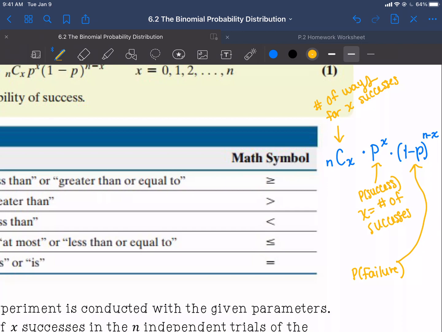And then n minus x is representing the number of failures. So those are the things we're going to be plugging into the formula. And we'll also be using StatCrunch.